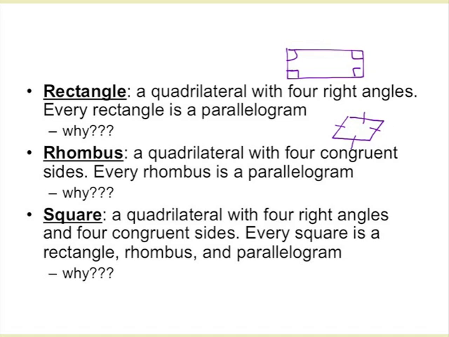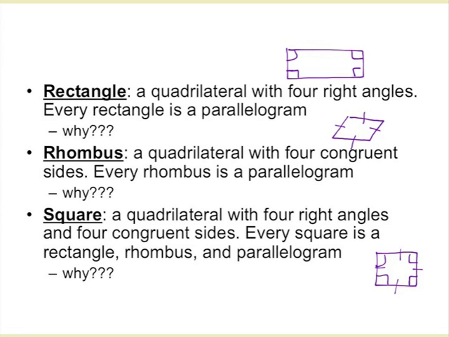A square is defined as being a quadrilateral with 4 right angles and 4 congruent sides. So that means a square is a rectangle because it has 4 right angles. A square is a rhombus because it has 4 congruent sides. And it's a parallelogram because rectangles and rhombuses are parallelograms.